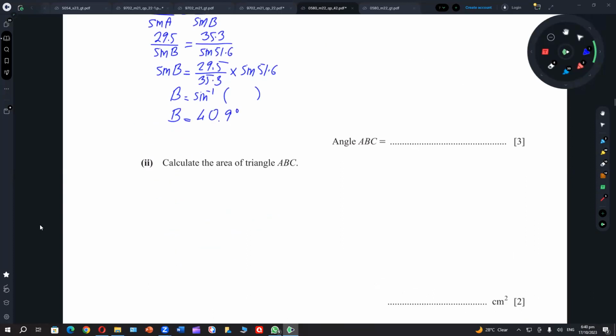Calculate the area of the triangle ABC. This is the formula.